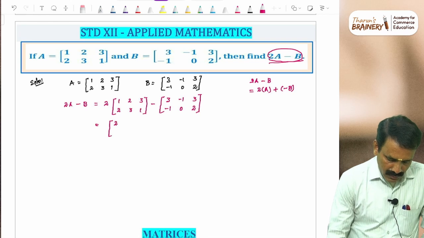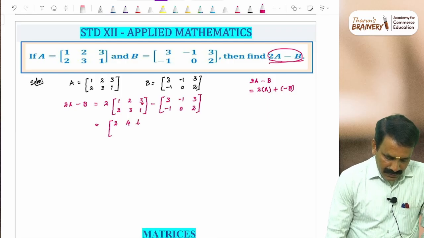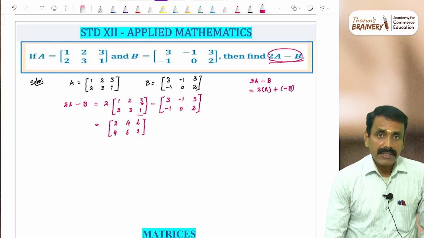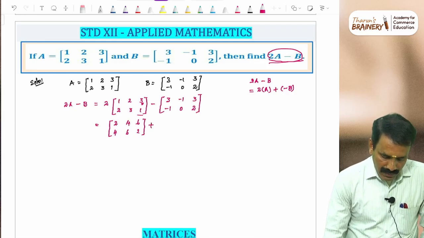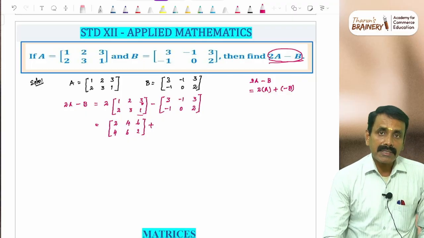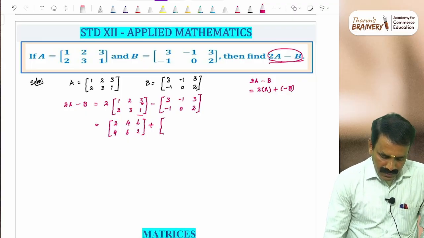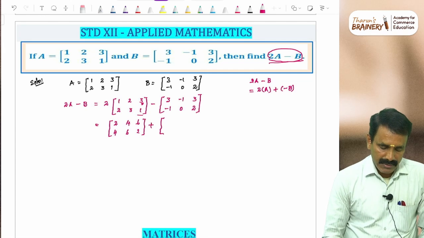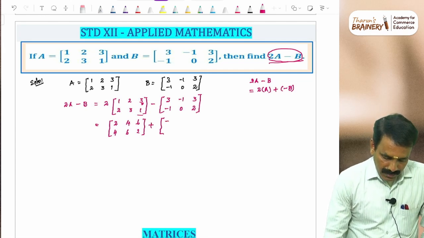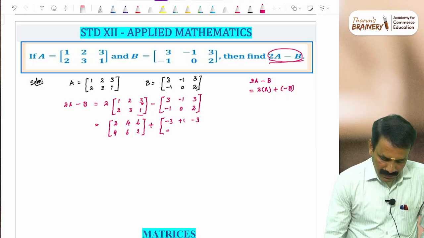So, 2 ones are 2, 2 multiplied with 2 is 4, 2 multiplied with the third element is 6, 2 multiplied with 2 is 4, 2 3s are 6, 2 ones are 2. And here this minus is converted to plus. When you convert this to plus, this minus is multiplied inside again for all the elements, converting the matrix to its negative matrix, because it is subtraction. So, minus 3 plus 1, minus 3 plus 1, 0, minus 2.